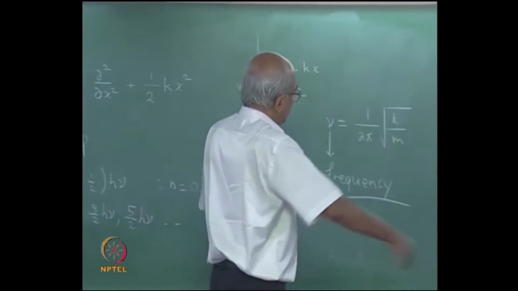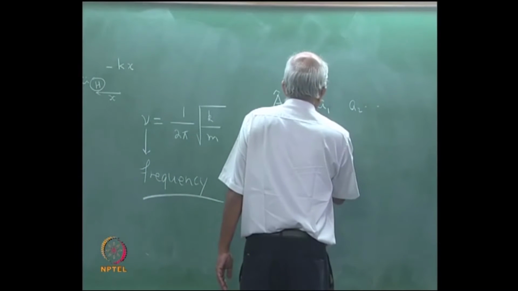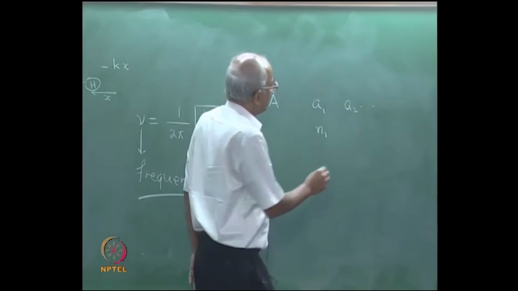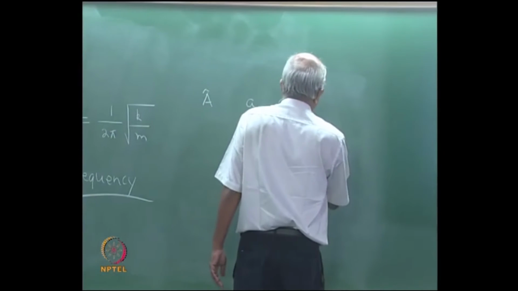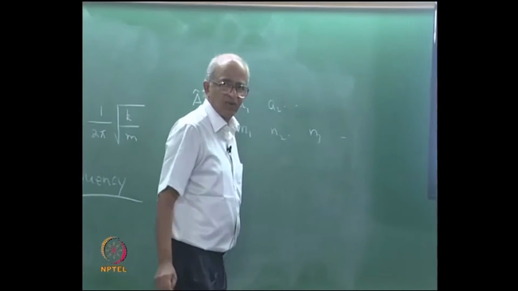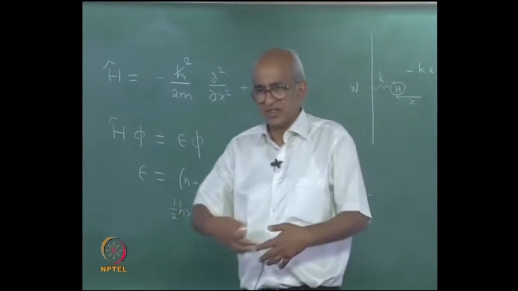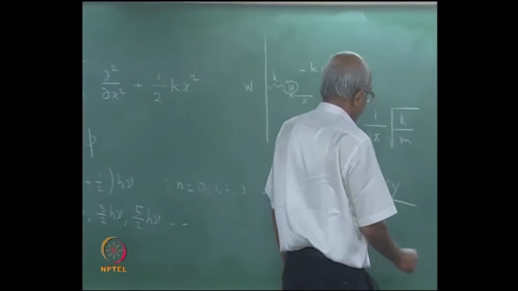So, let us say I make a large number of measurements, and I shall get the answer A1 n1 times, A2 n2 times, A3 n3 times, and so on. In such a situation, you make the average of all these numbers that you get. How will you define the average?